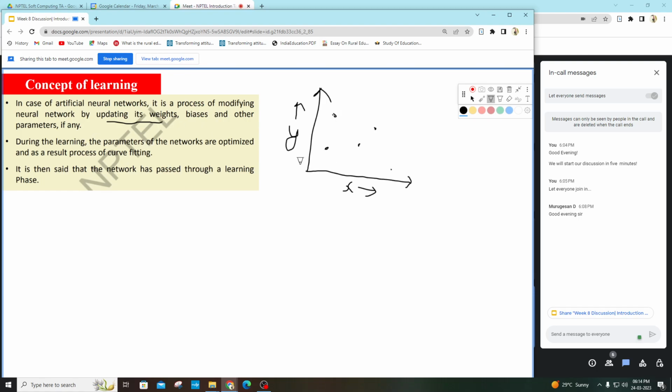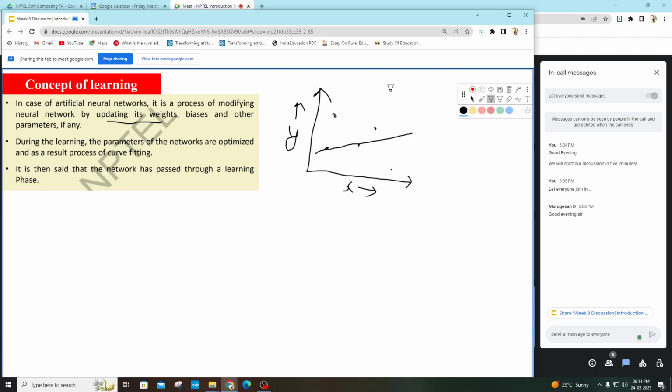So in curve fitting, we try to fit a curve. These 3 points can make a good curve. So we try to pass a straight line on the basis of all these 3 points.